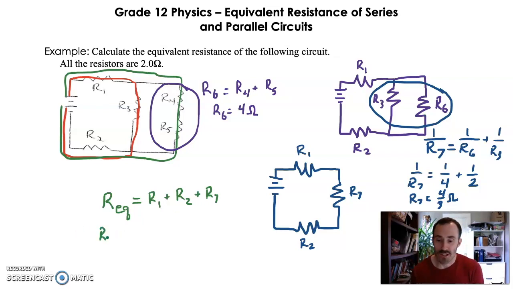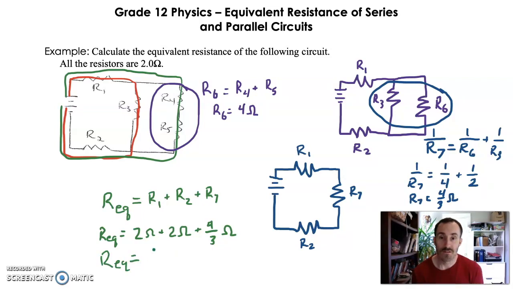So the equivalent resistance of the entire circuit here is equal to 2 ohms plus 2 ohms plus 4/3. And so my entire equivalent resistance now all put together is 5 1/3 ohms. Or if you like it in decimals better, 5.33. And we're done.